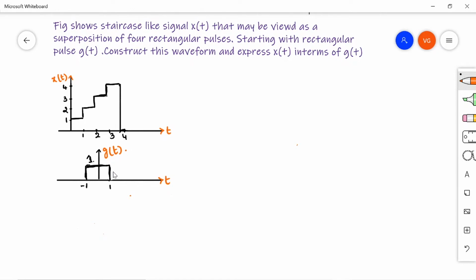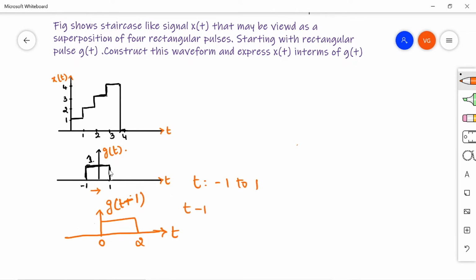So first thing, we have to shift the signal g of t completely towards your right side. If I shift the signal completely towards my right side, I have to make a move of 1 unit towards the right, so that it will become g of t minus 1. So this will be g of t minus 1. The range will be 0 to 2, because t has the range from minus 1 to 1.